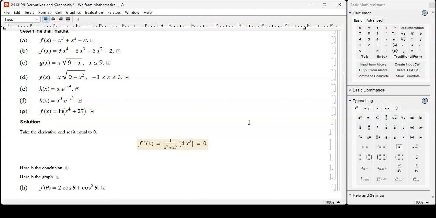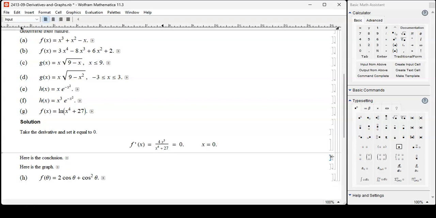But the multiplication applies to the numerator, so 4x to the 3rd power, that's the derivative computation. And set it equal to 0, and oh boy, this is too simple. You're going to get x equal to 0. So that's the only critical point, because the denominator is always positive. x to the 4th power plus 27 doesn't do much.